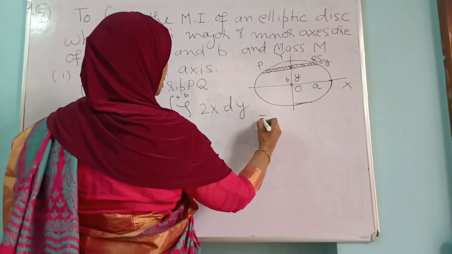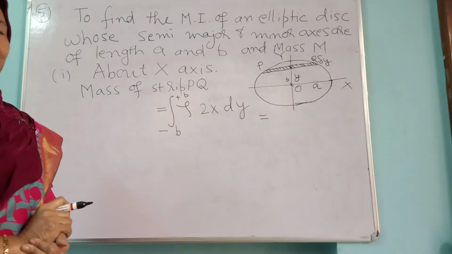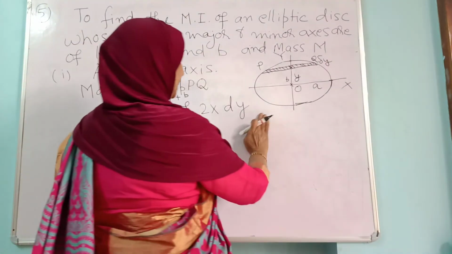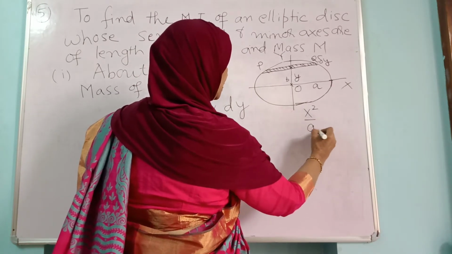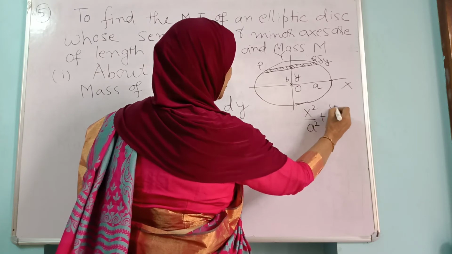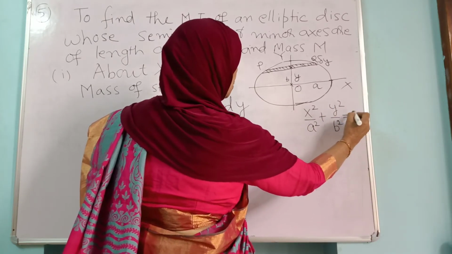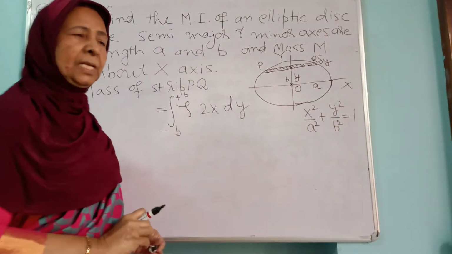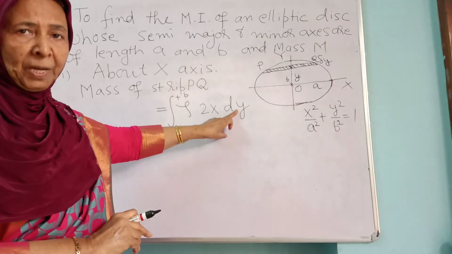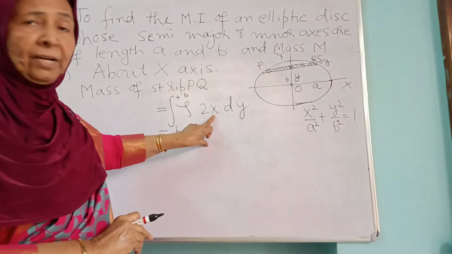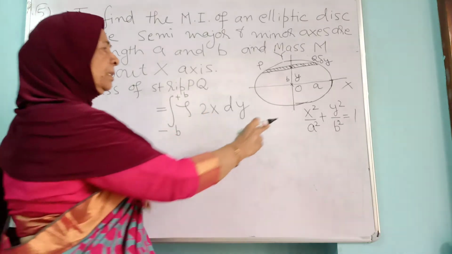So is it a simple integral? No. You know that the equation of the ellipse is x square by a square plus y square by b square is equal to 1. This is the ellipse. So the integral is with respect to y, so we have to convert this x in terms of y. Very simple.